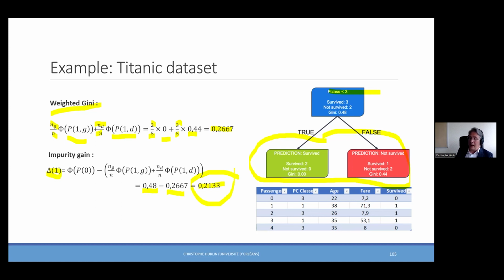So now I have a loop on all the potential variables, all the potential thresholds for the continuous variables, all the potential recombinations of categorical variables, and each time I will compute the impurity gain. And then, according to this rule, I will choose the best predictor for the first decision node.